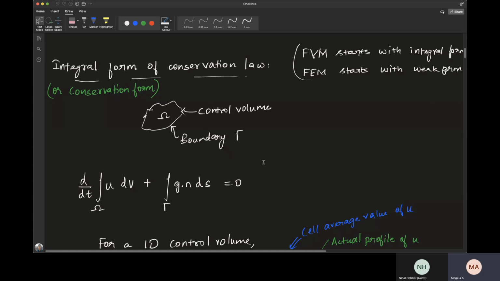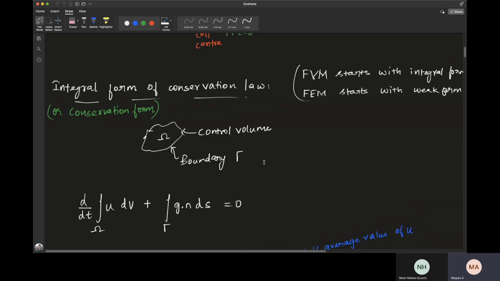Let us look at it first from the point of view of the physical domain. Let's consider a big physical domain that you're interested in. That is omega, and you consider a control volume. That same physical domain is the control volume as well. So it's a fixed control volume around the physical domain that you're interested in.